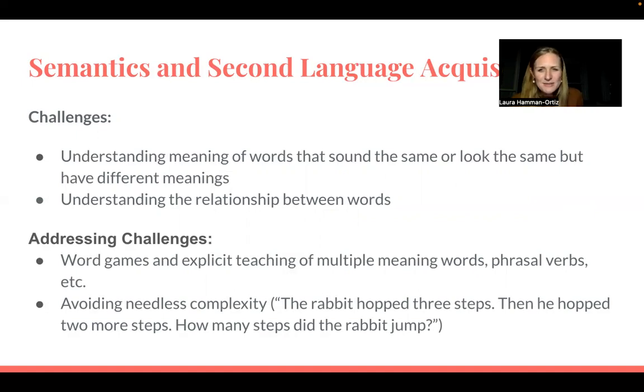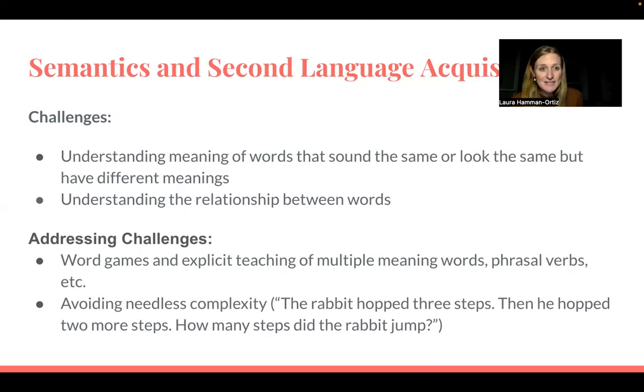There was one example that was something like this: the rabbit hopped 3 steps, then he hopped 2 more steps. How many steps did the rabbit jump? And we talked about the shift in language from hop to jump. There's a needless complexity to that in terms of language. It wouldn't actually help tell you anything else about the student's ability to solve the math problem there. Just adding one more language challenge to it.